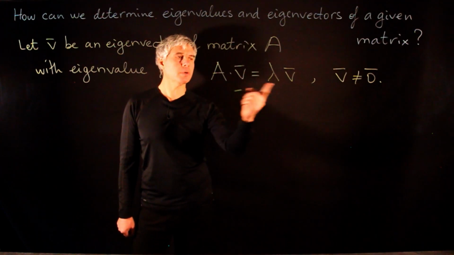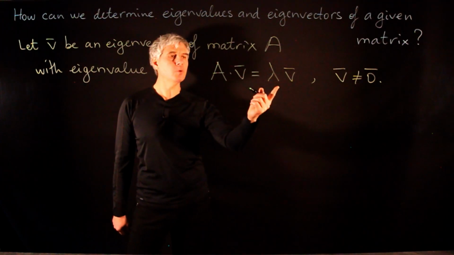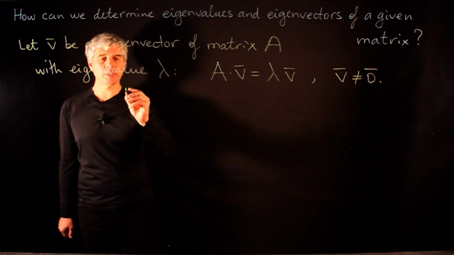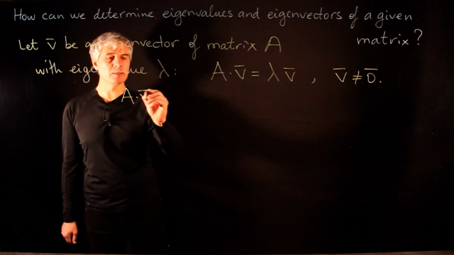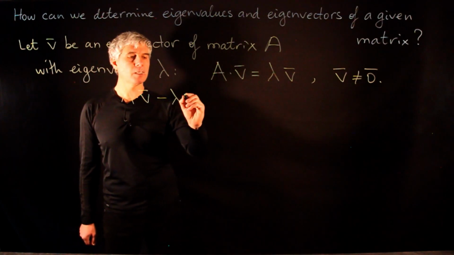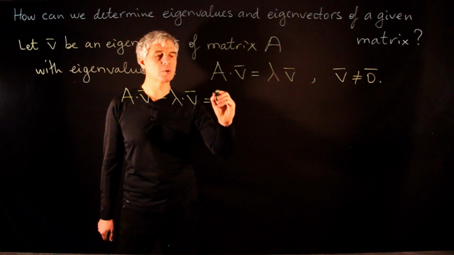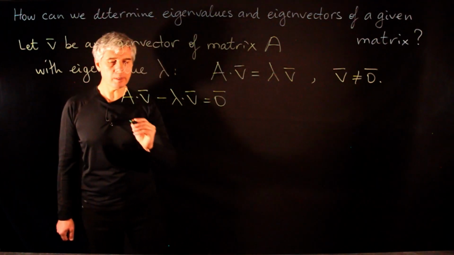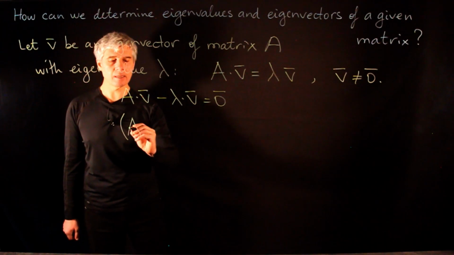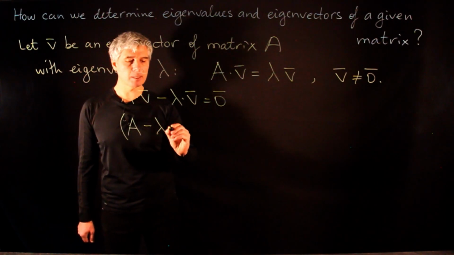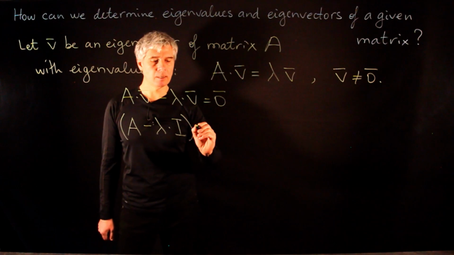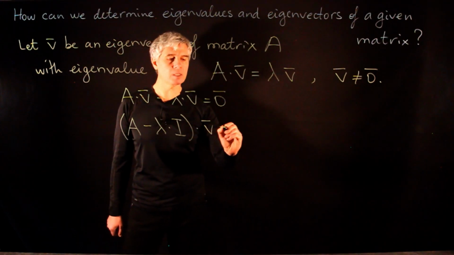Let us work with this expression. So let us move all the terms to one side. We will get A times V minus lambda times V is equal to a zero vector. Or this can be written as A minus lambda times the identity operator applied to vector V is equal to 0.